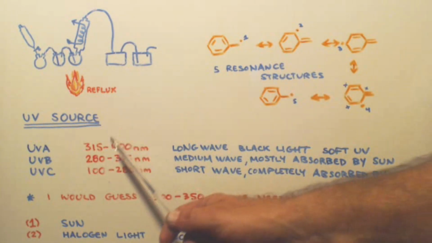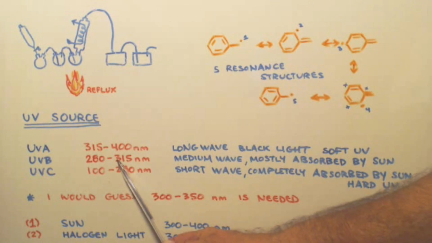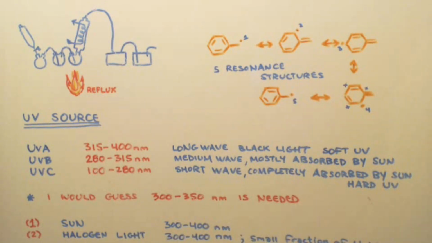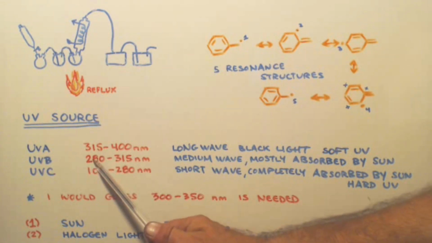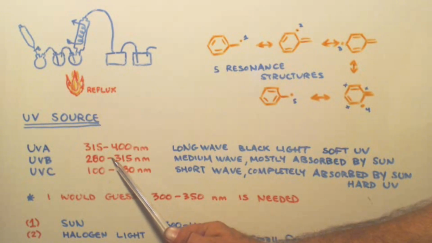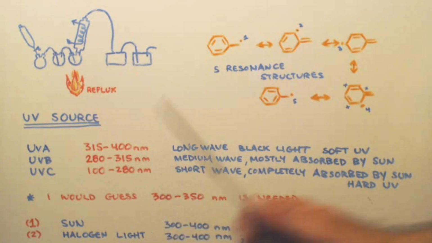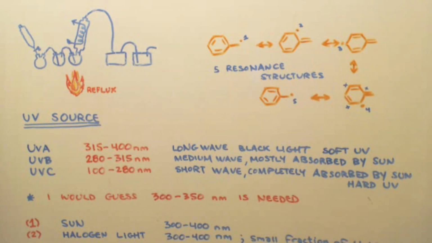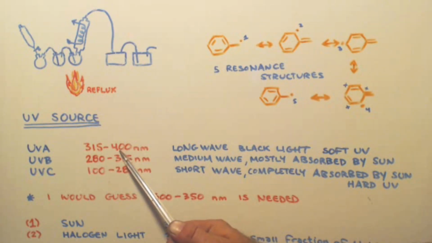What I'm guessing is that probably the lower the wavelength, the more chance that it has to be absorbed by the ozone. So my guess is that probably about 300 nanometers is what starts getting through the ozone to us. So I would guess 300 to 400 nanometers, that's the highest the wavelength can be. If it's more than that, it's not UV.